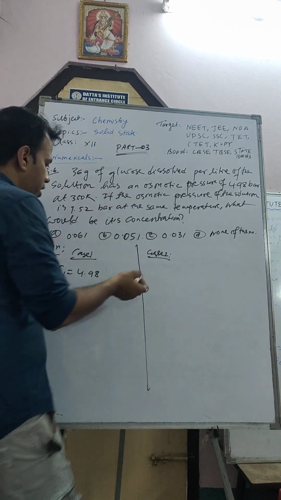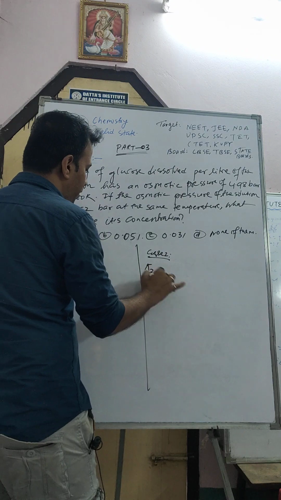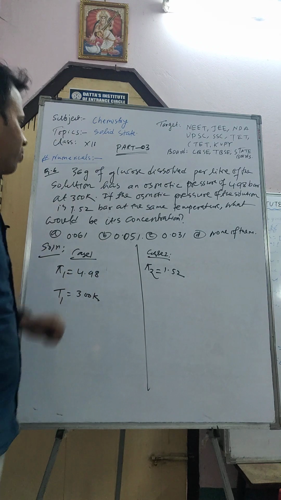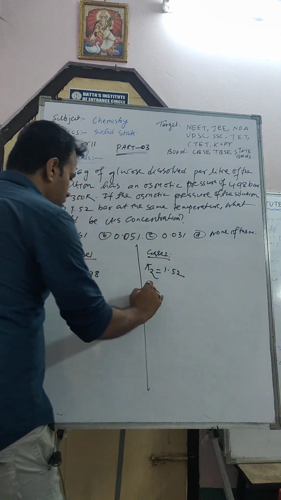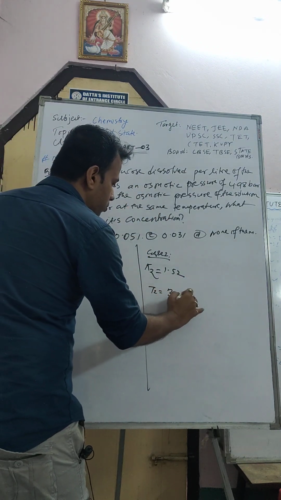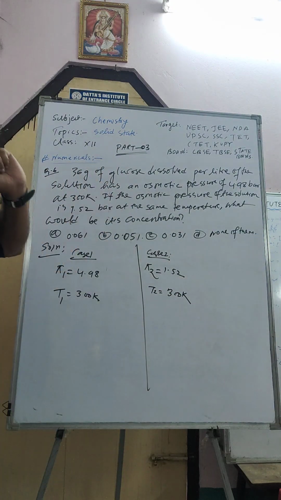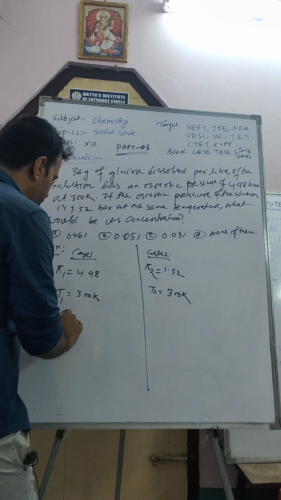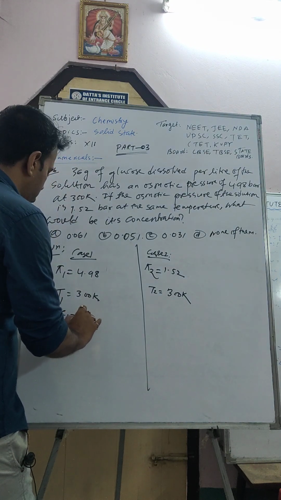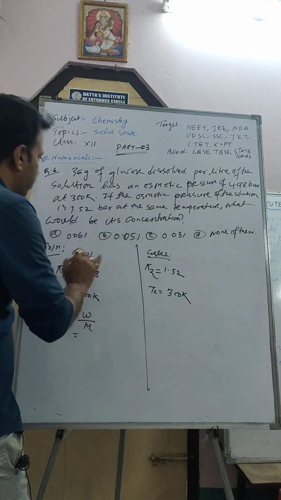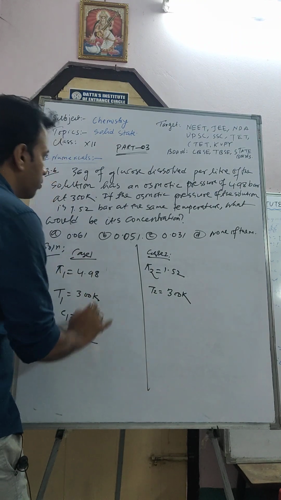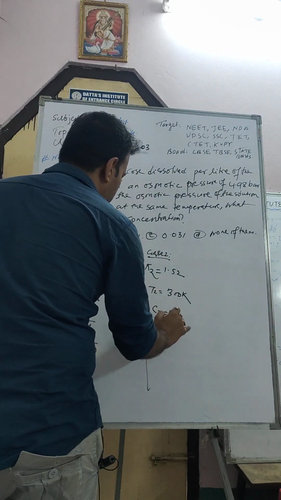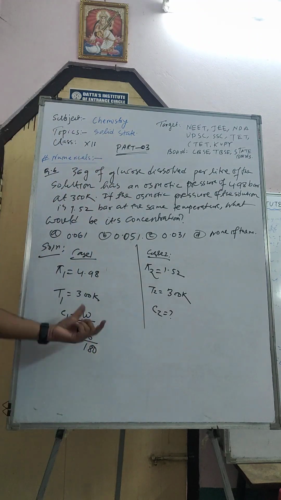In the second case, osmotic pressure is pi 2, 1.52, and the temperature is the same, T2 will be 300 K. The concentration C1 equals W by M, where W is the mass of glucose and the molecular mass of glucose is 180. And the second concentration is what we have to find out.